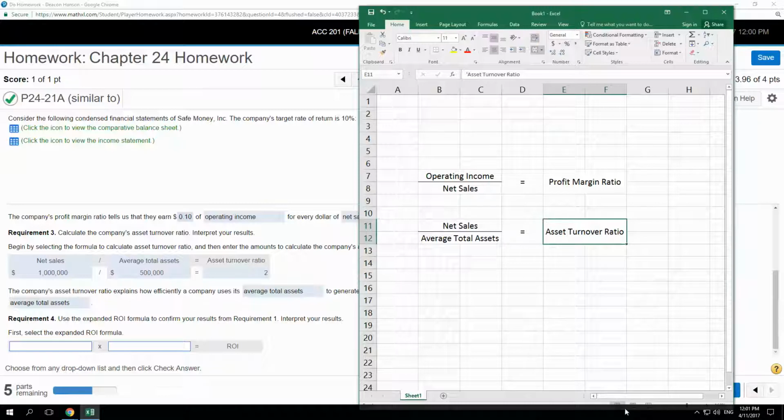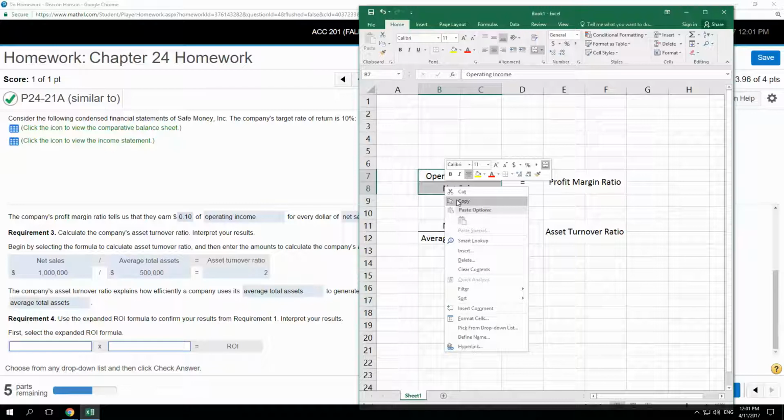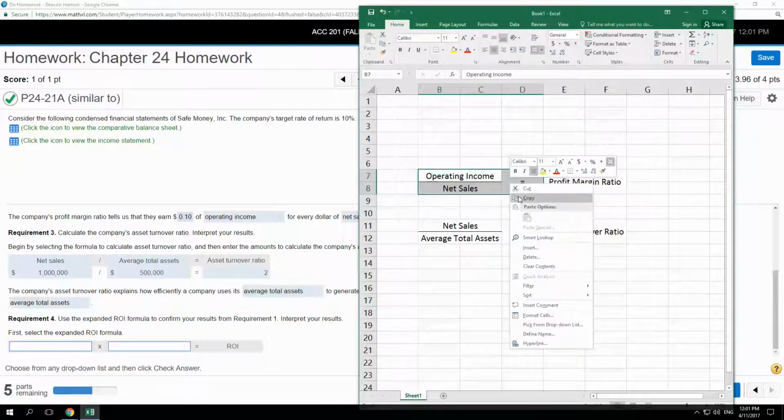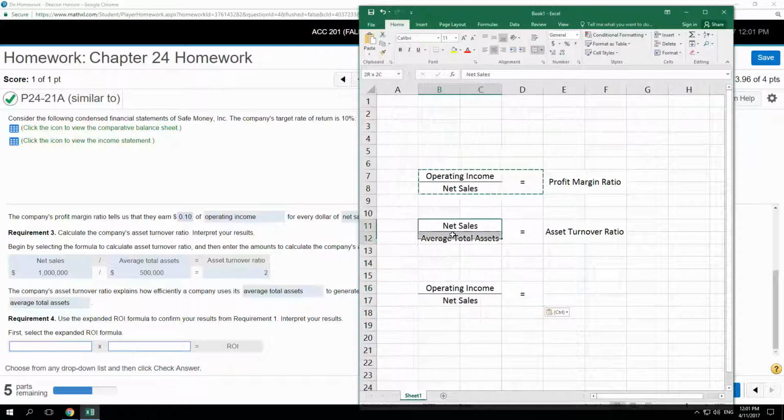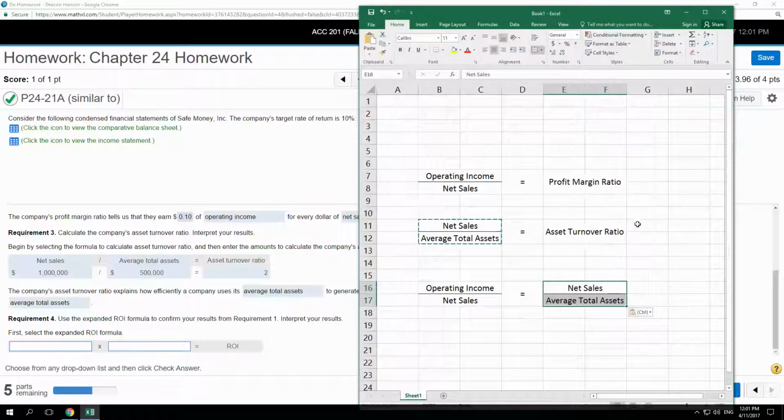Well, if we take these two and multiply them together, using actually the factors that go into it, notice that you have net sales, so that cancels out, right?